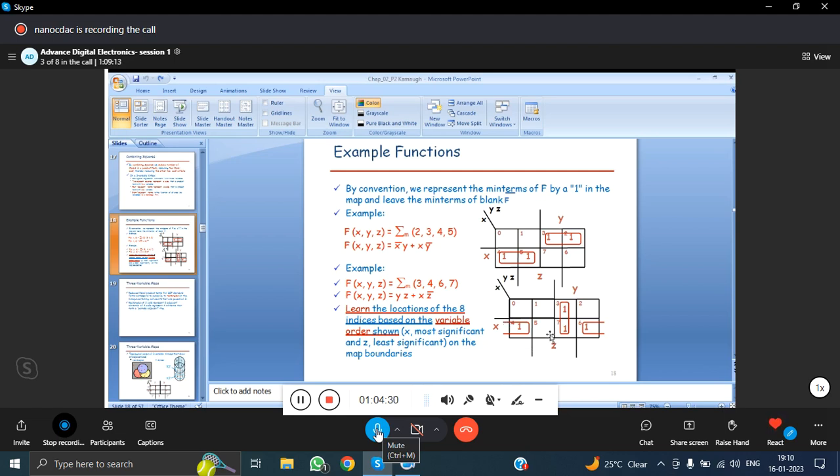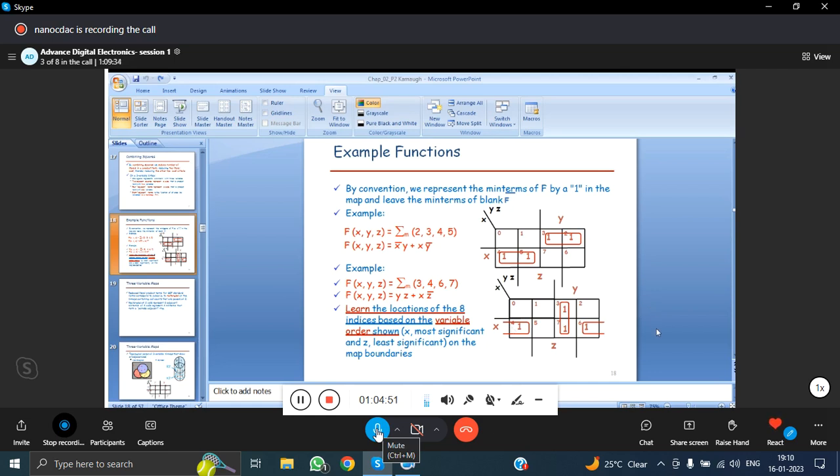Similarly, 6 and 4, what do we get? 4 and 6 is representing z bar. 5 and 7 is representing z. 4 and 6 is representing z bar. So x z bar.